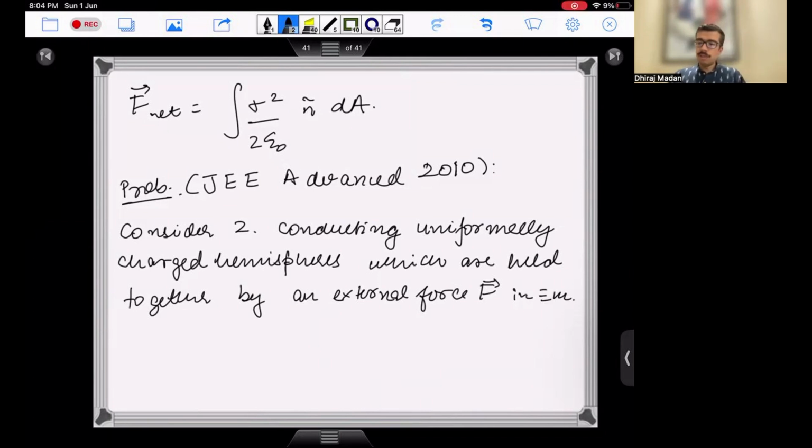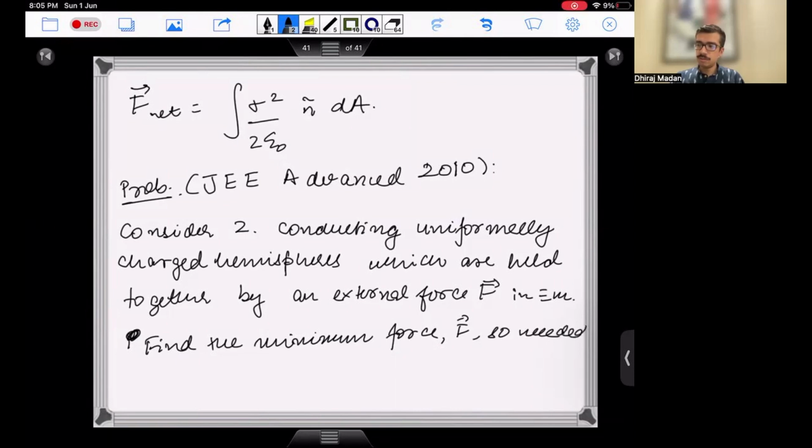And we need to compute the minimum force F which is so needed. Okay.